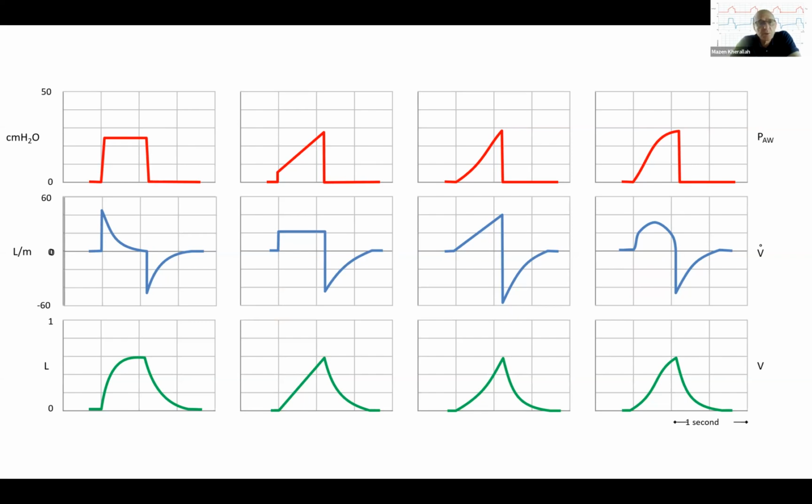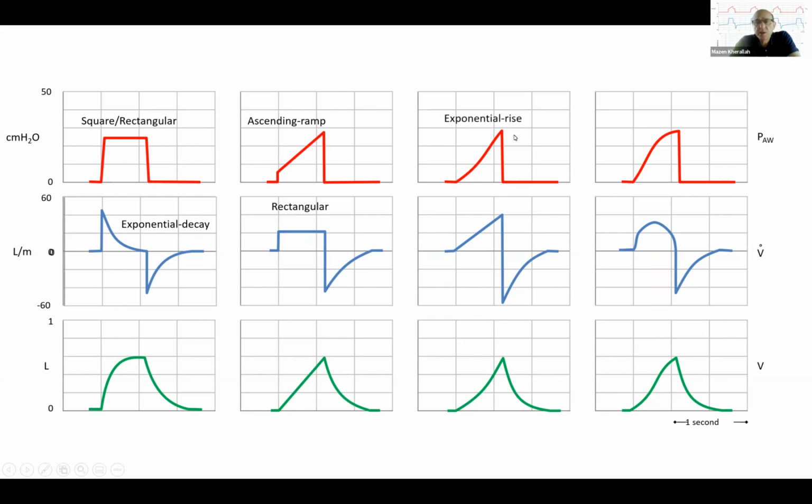Just wanted to reiterate what I've just said. This is square or rectangular. This is exponential decay. This is in terms of pressure, flow and volume. You can see this is the ascending ramp in terms of the pressure. This is rectangular for the flow, and this is volume control, of course.